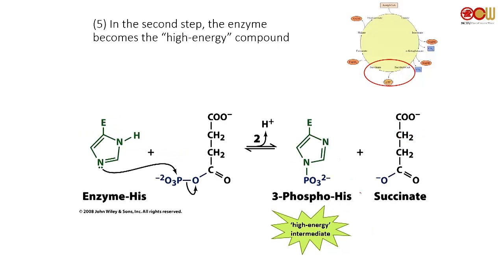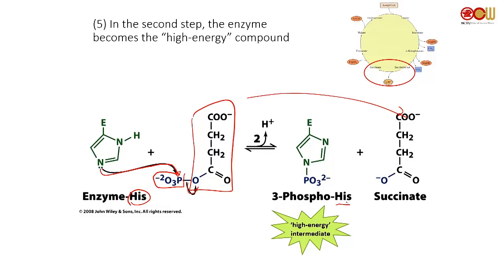Then, on the enzyme you have a histidine, and the histidine will take the phosphate away through a nucleophilic attack on the phosphorus, and you will kick out succinate. So succinate is kicked out, and you are left with 3-phosphohistidine. The high-energy phosphate is now on histidine.